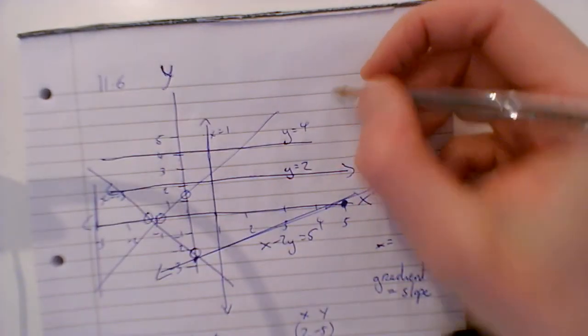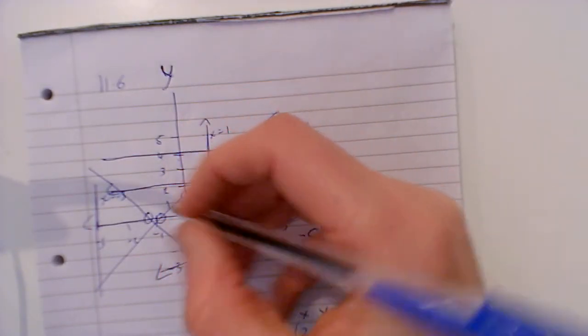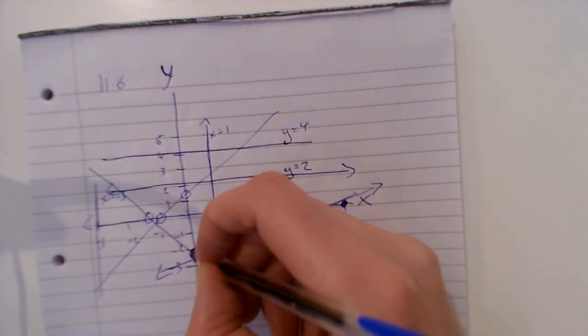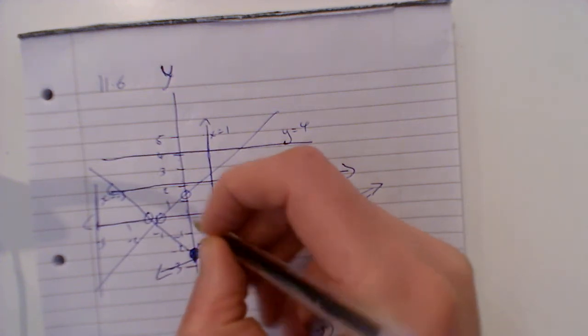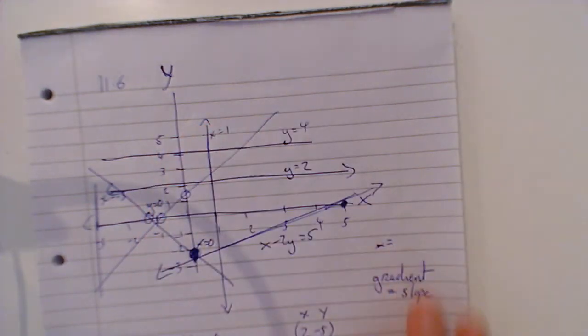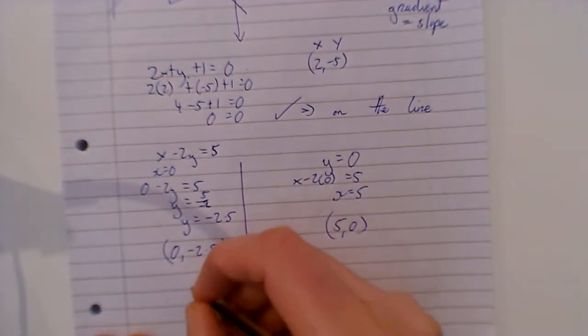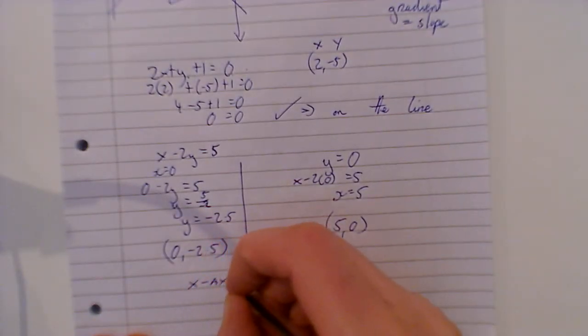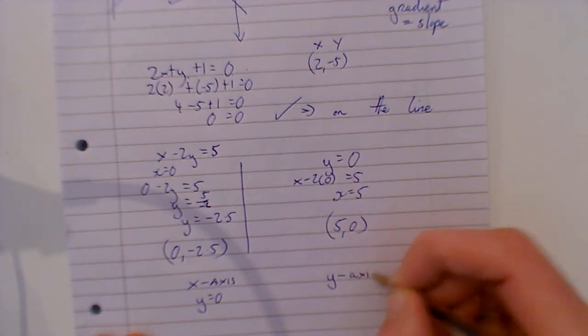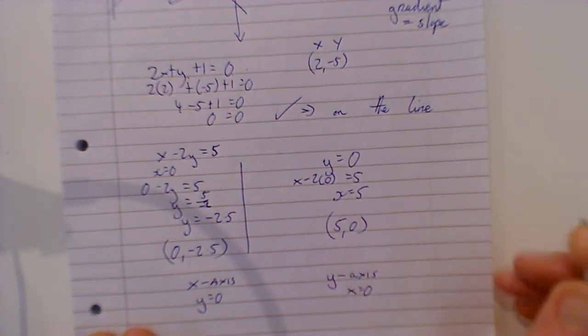The only other thing actually is if I say crosses the x-axis. Let's say the ones that we had here. That point. When it crosses the y-axis, x equals to 0. When it crosses the x-axis, y equals to 0. So I'll put that down here. X-axis, y equals to 0. Y-axis, x equals to 0.